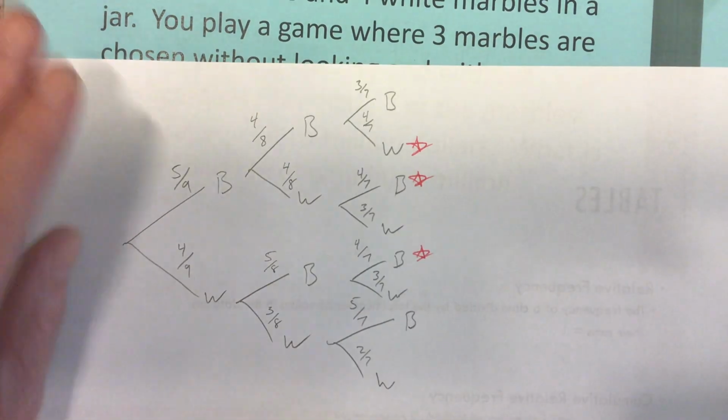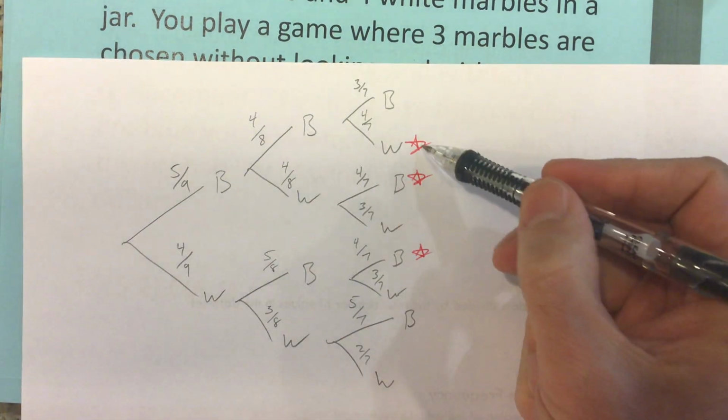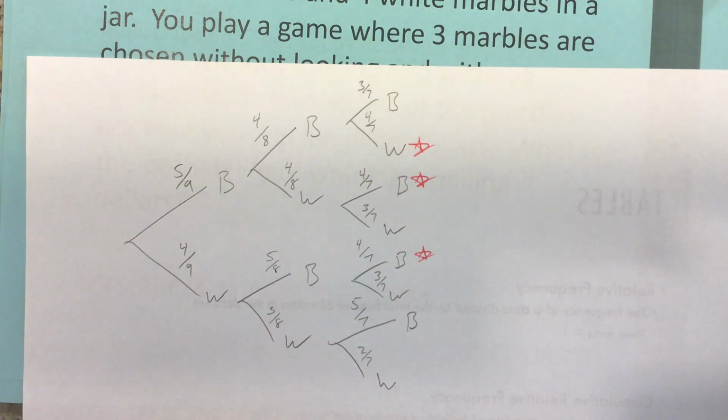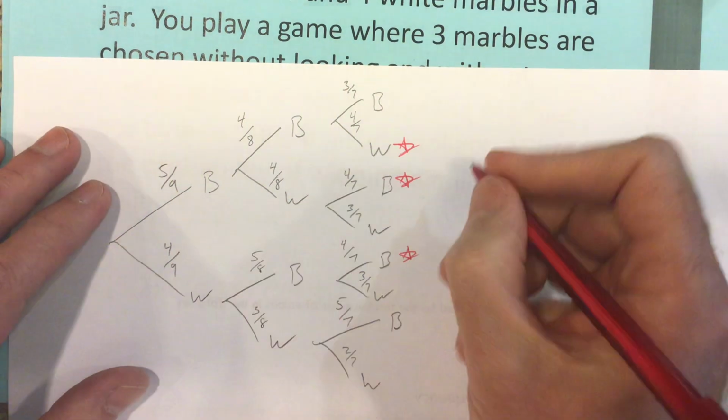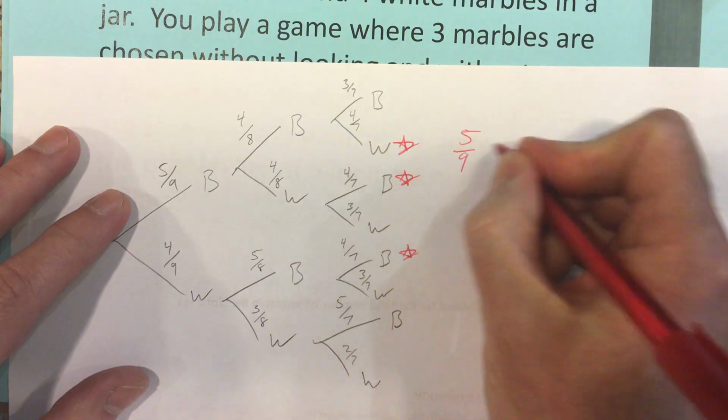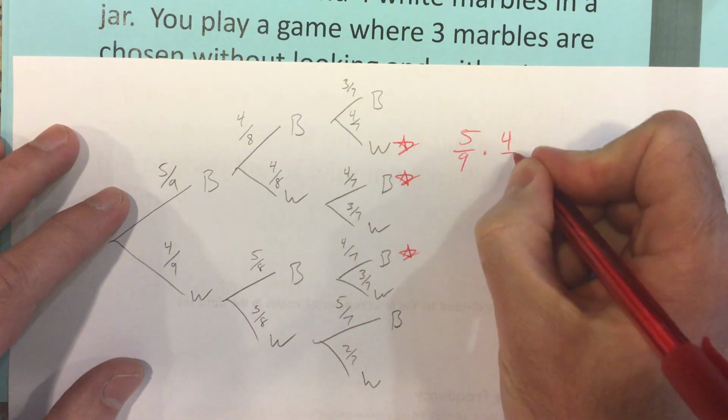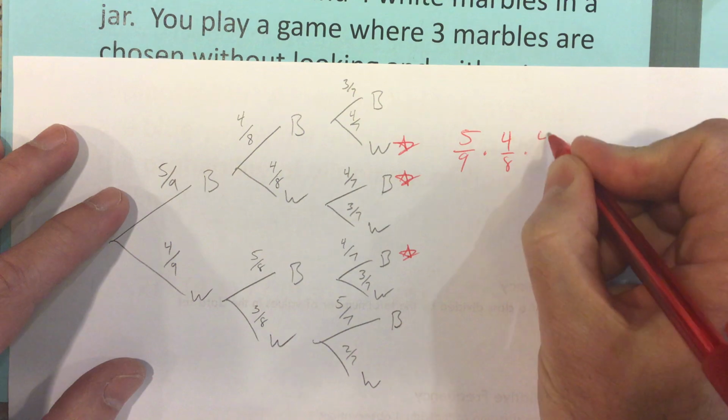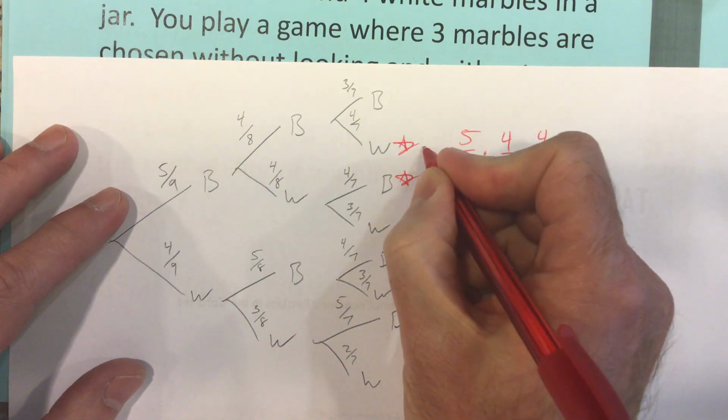So I actually did the whole thing just for fun, even though I'm really only interested in the sum of those starred values. Okay, so we've got 5/9 times 4/8 times 4/7. That's for this branch here.